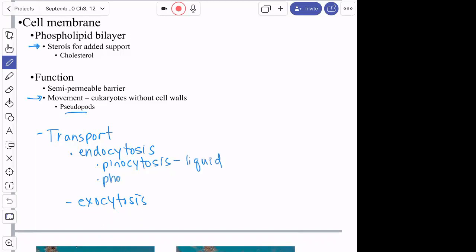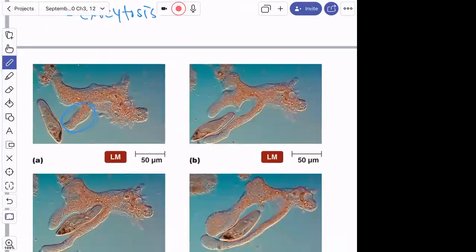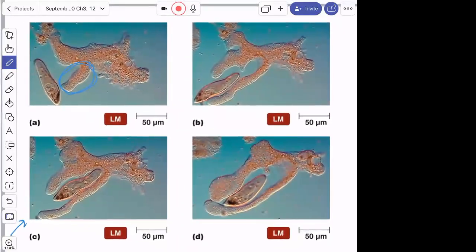And the more familiar term, phagocytosis, is when some kind of solid, like some bacteria or smaller organism, gets engulfed and brought into the cell. Here's some phagocytosis. This amoeba is extending the pseudopods here in order to engulf some smaller organism and use it for a nutrition source. Question in the back.